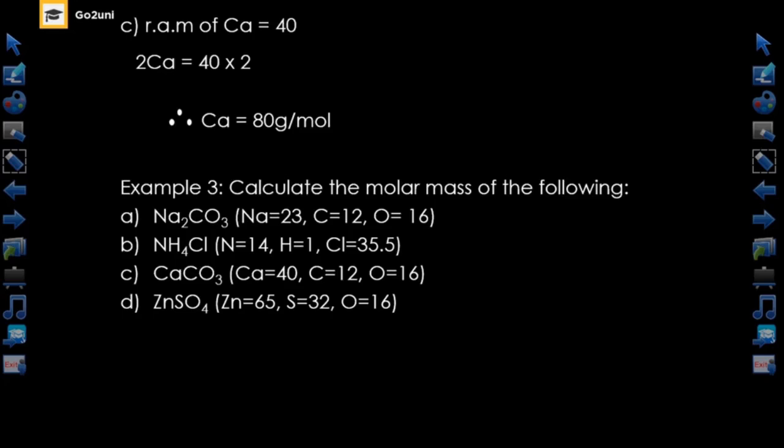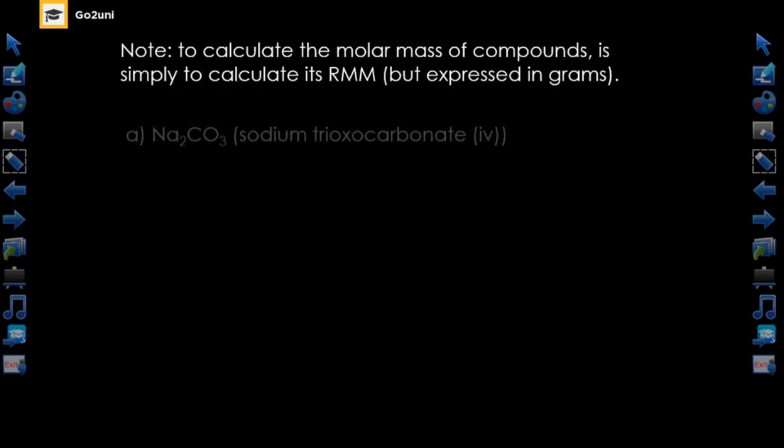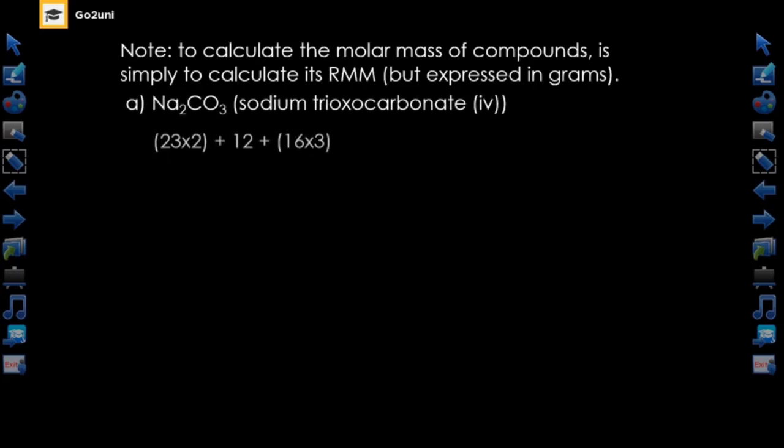We are going to multiply their relative atomic masses by the number of times they appear in that compound. So let us take a look at how to solve the questions above. It is worthy to note that the molar mass of a compound is simply its relative molecular mass expressed in grams, as has been said before.